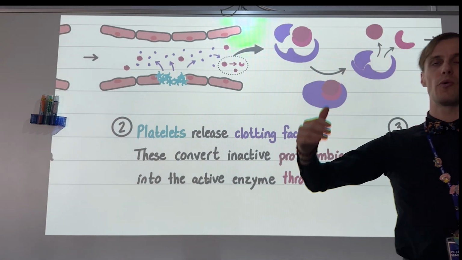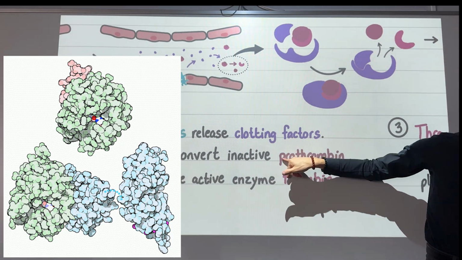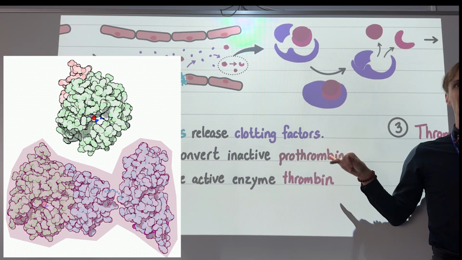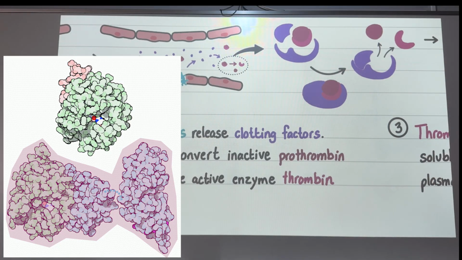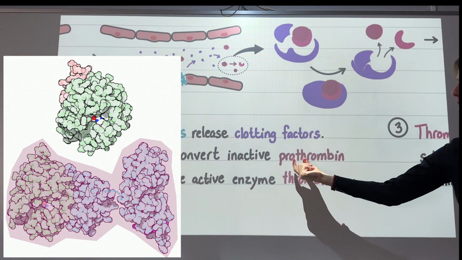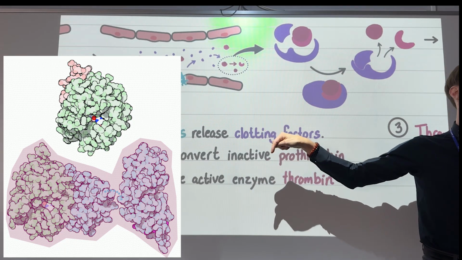So also in your plasma, naturally dissolved, is the inactive enzyme called prothrombin. Now again, the names here I know may sound a little complex, but we can deduce the etymology here. Pro in this case means before, so it's an inactive version.